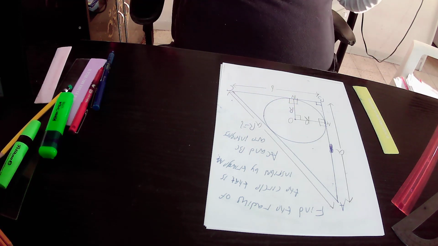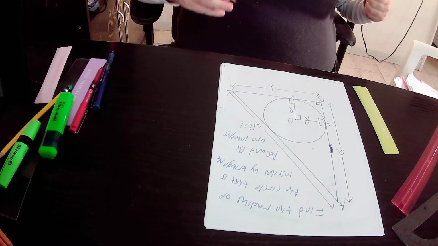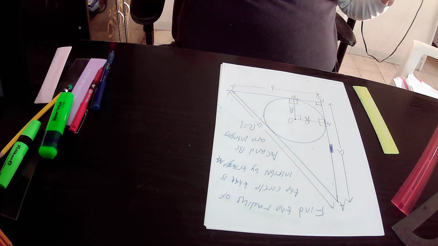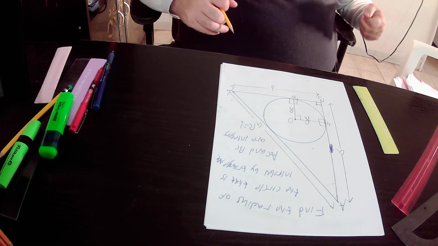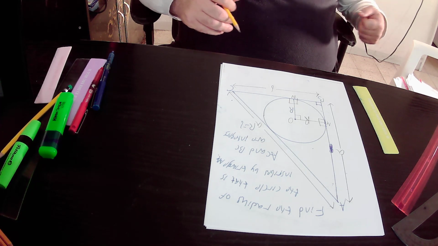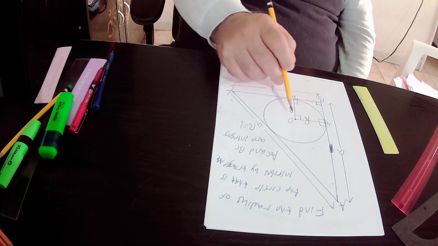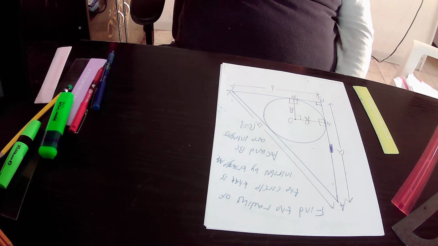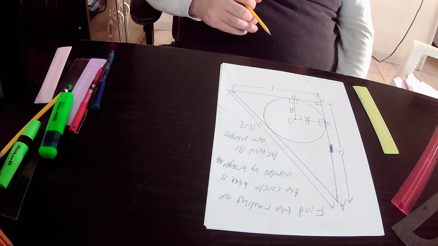So we found that in quadrilateral MOBN we have 4 right angles, and any quadrilateral that has 4 right angles must be at least a rectangle, if not a square. So quadrilateral MOBN is a rectangle, and the opposite sides of a rectangle are equal to each other.